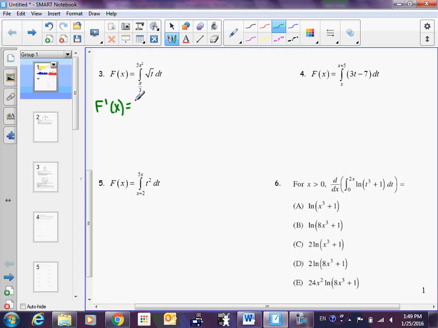Peek over at a neighbor's paper, see if you got the same thing for 3. If someone wrote this, would this be right or wrong?